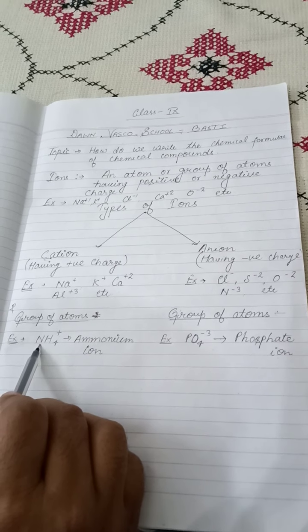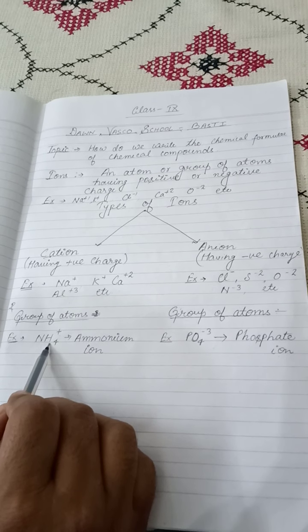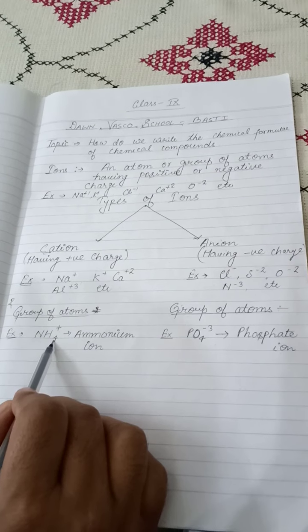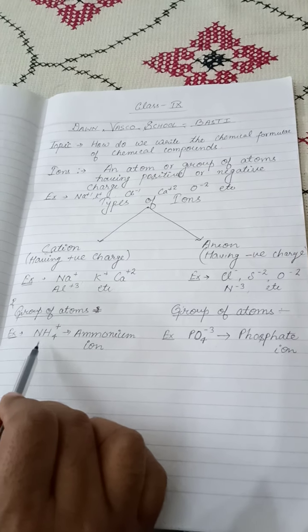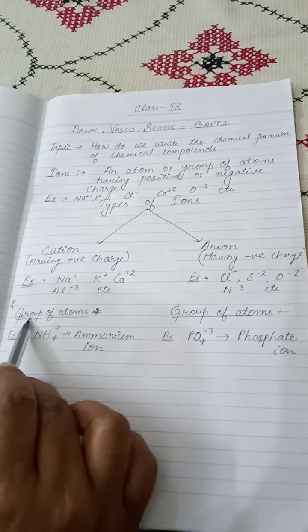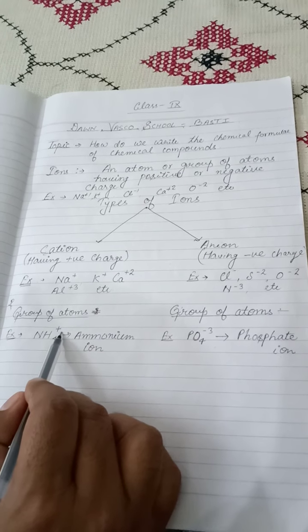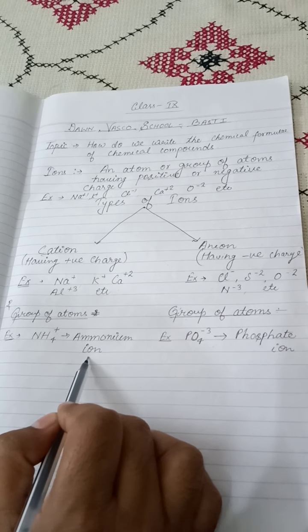Here N is one atom, hydrogen is the second atom, and the total number of hydrogen atoms is 4. These atoms combine with each other by chemical bonds, so this is a group of atoms having plus 1 charge, and this is the ammonium ion, right?